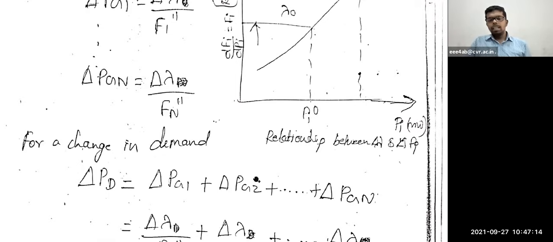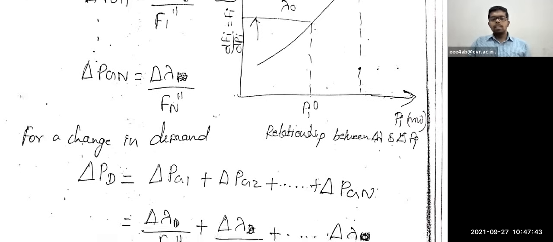It might be 3 generators or 10, 30, 40, 50, up to n generators, however many generators are participating in that particular dispatch. So del PD, that is the change in the demand, is equal to change in power generation 1 plus change in power generation 2 up to del PGN, the change in the power generation of the nth generating unit.